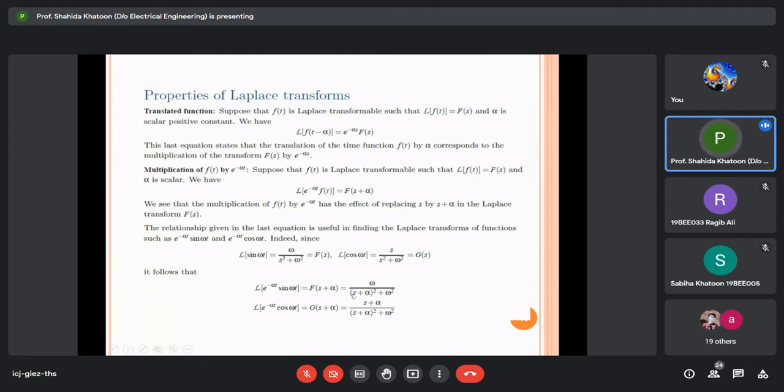You get omega upon (s plus alpha) square plus omega square. Similarly, for e to the power minus alpha t cos omega t, replace s with s plus alpha, so it becomes (s plus alpha) upon (s plus alpha) square plus omega square. Please note down these important properties. I am giving you some time.